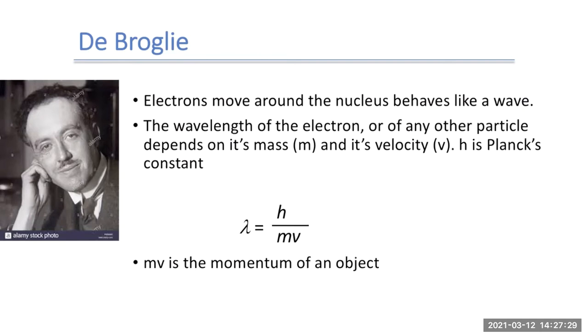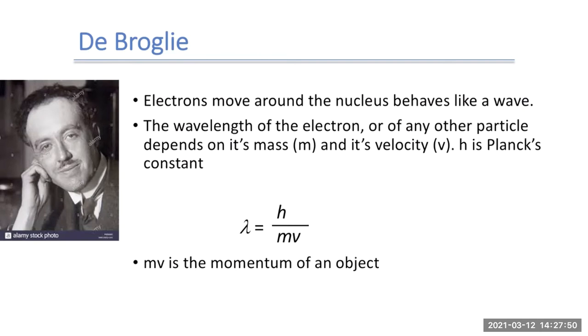So de Broglie thought about this. If photons can both be particles and waves, why can't other things? And so he came up with the idea that the wavelength of an electron or any other particle purely depends on its mass and its velocity, as long as we obey Planck's constant.